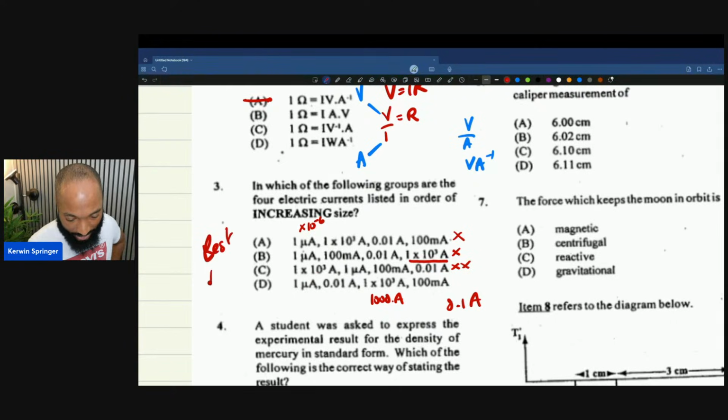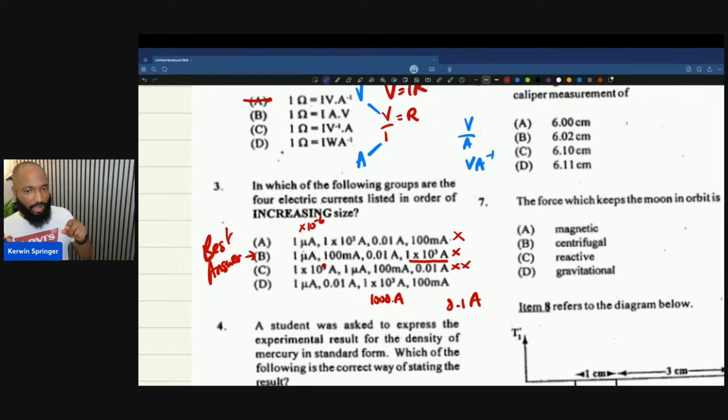Best answer is B. But I think there could be something wrong with the question, in that this question was scanned from a document. So I think that there may be an error here. This is 100 milliamps. Milli means 10 to the power of negative 3. So 100 milliamps is more than 0.01 of an amp. So these two are back to front.